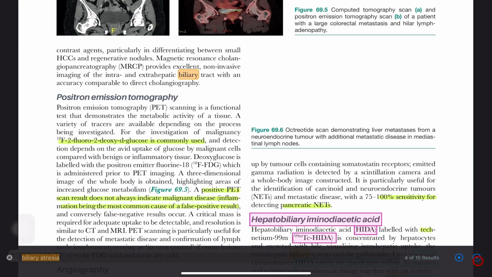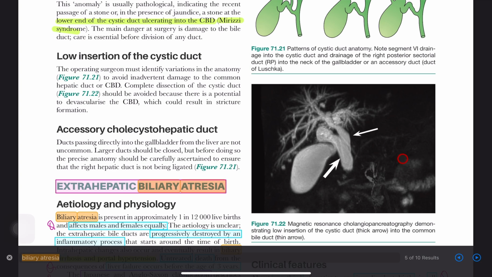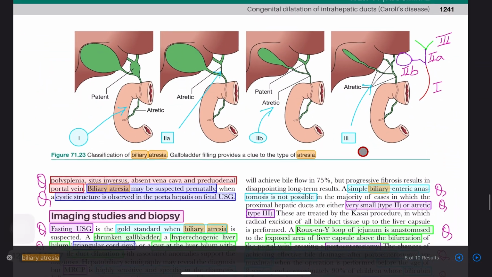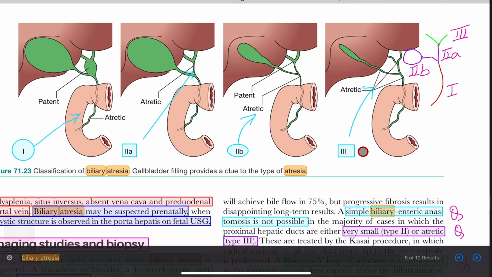In Bailey, I forgot to tell the classification. You may ask this classification as a direct image based question. Type 1 is CBD, type 2 is common hepatic duct, and type 3 is right and left hepatic duct. In type 1 the CBD is atretic.